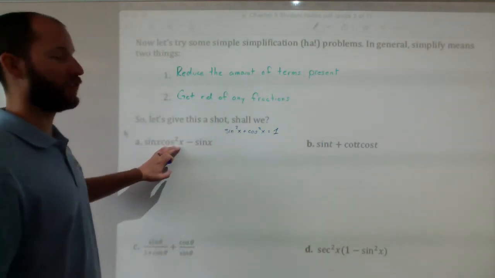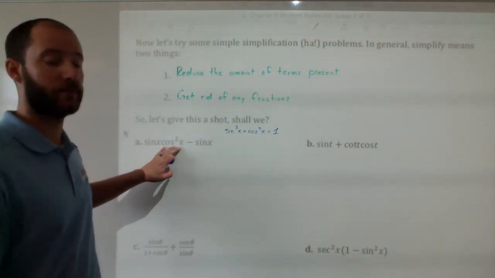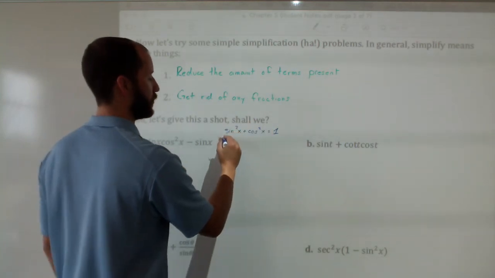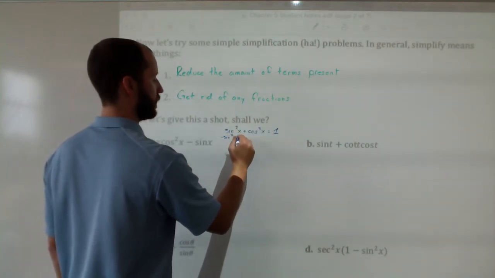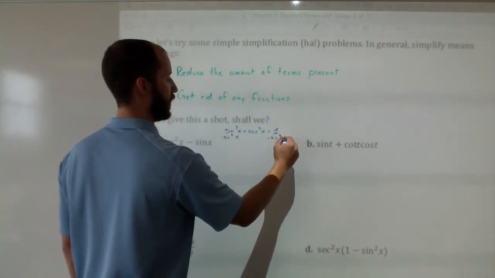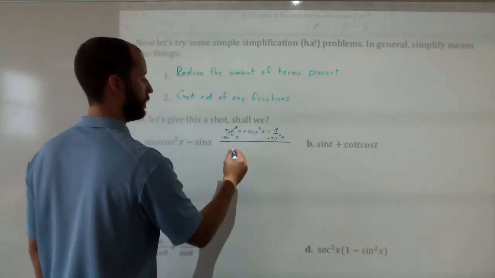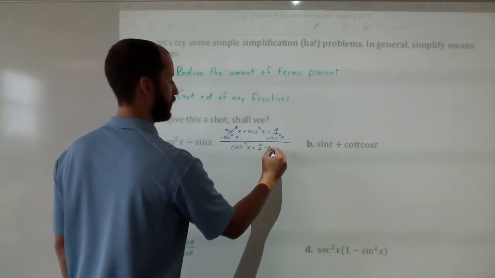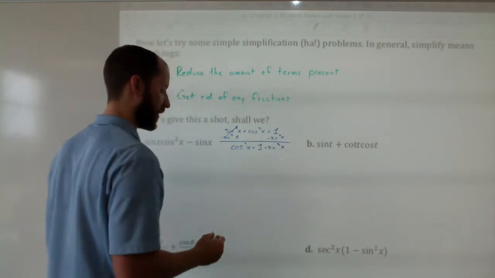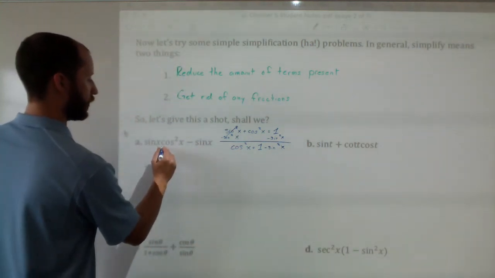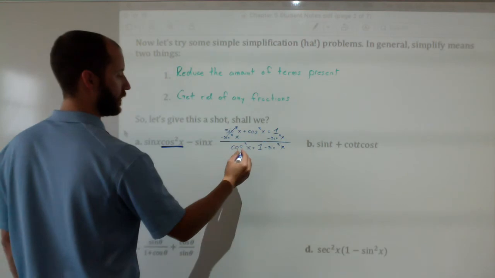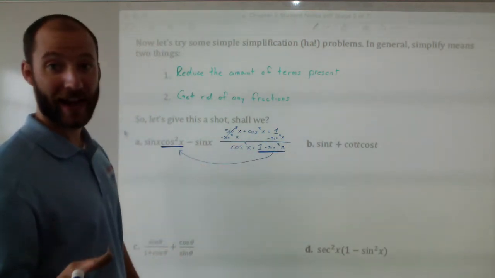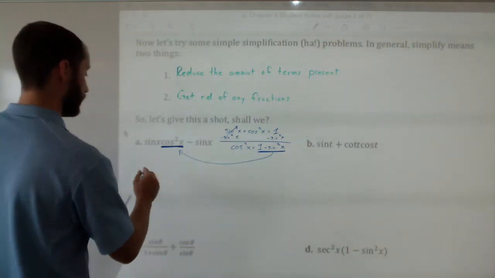Now I want to replace just this cosine squared, so I'm going to manipulate this a little bit to get cosine squared by itself. Let's subtract sine squared from both sides. So we have 1 minus sine squared of x. I'm going to replace just this cosine squared with 1 minus sine squared. I'm going to try something and see what happens.